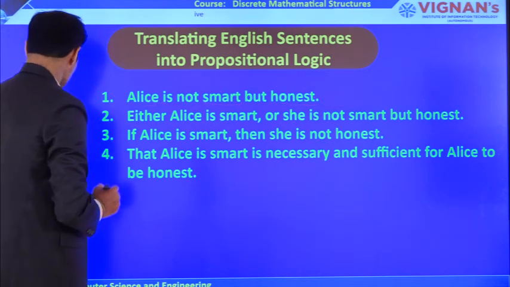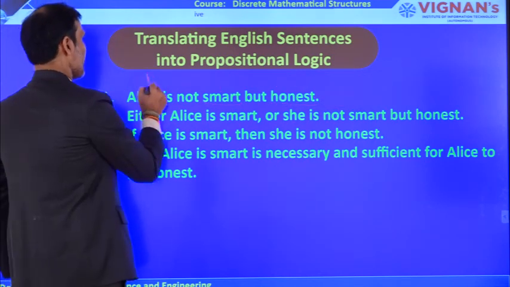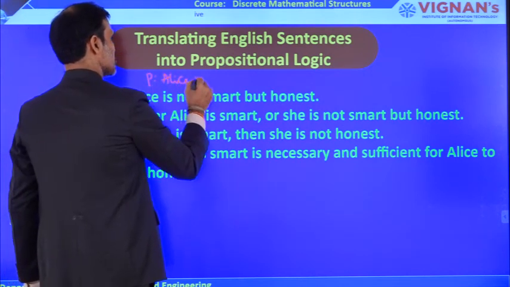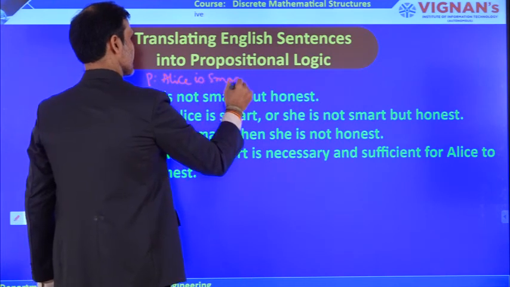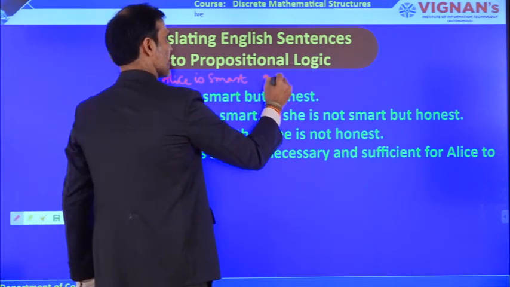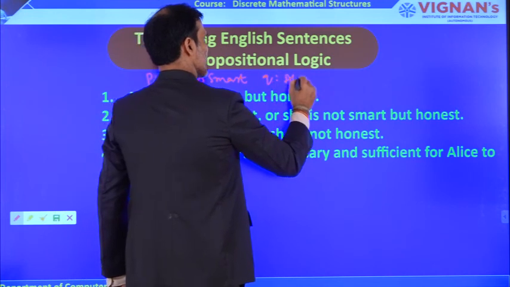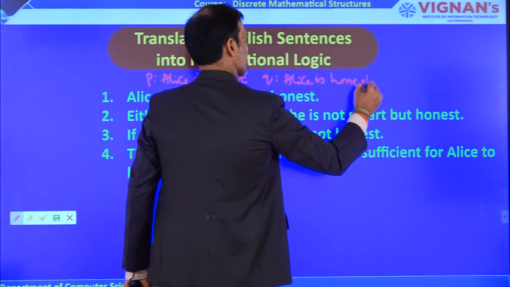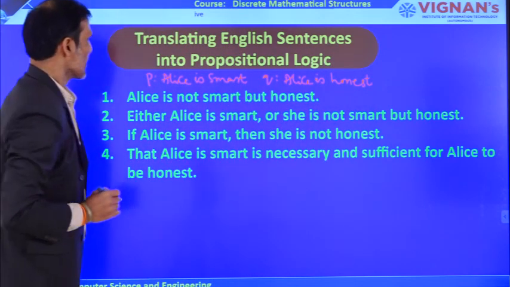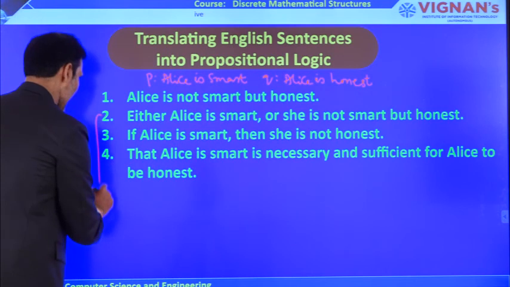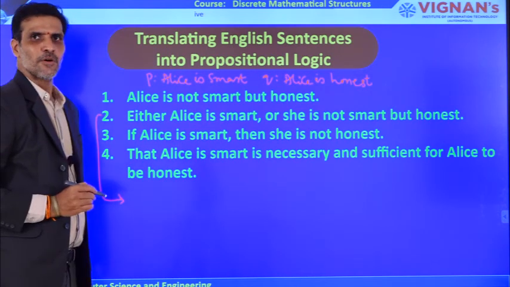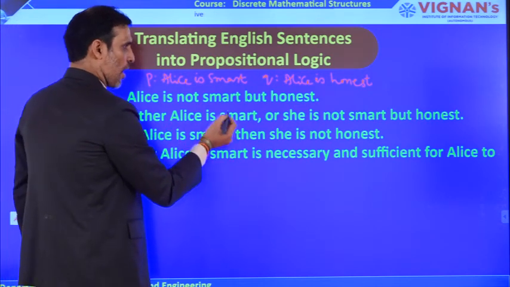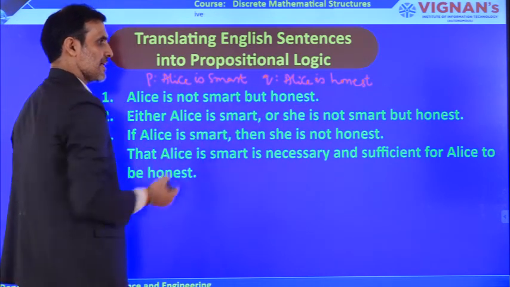Let us take P as Alice is smart, and Q as another propositional variable, Alice is honest. These are the two statements I have taken. Now I am going to write this sentence in propositional logic. Either Alice is smart or she is not smart but honest.